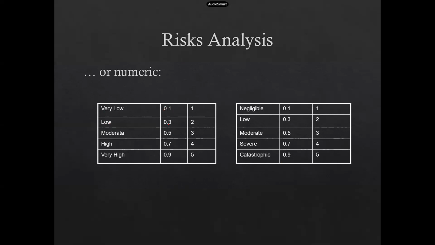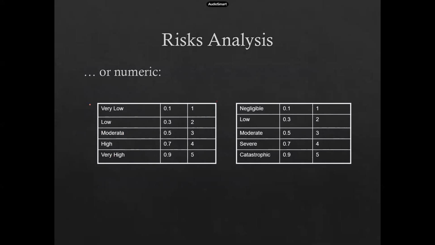Then low risk is 0.3, which on the scale is 2. Then moderate is 0.5 and 3. High is 0.7 and 4. Then very high is 0.9 and 5. So this gives a very good scale for the probability.